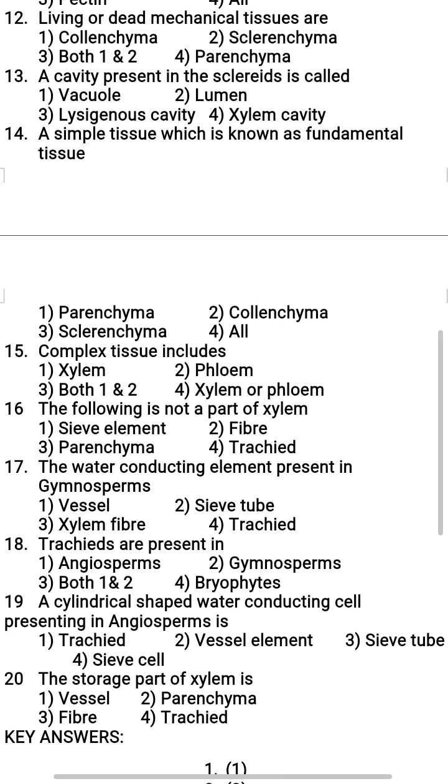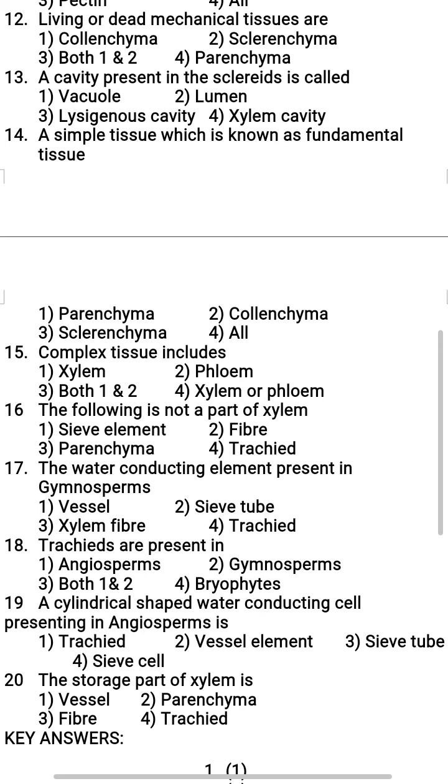Then also parenchyma forms major component within organs. The cells of the parenchyma are generally isodiametric. They may be spherical or oval or round or polygonal or elongated in shape.